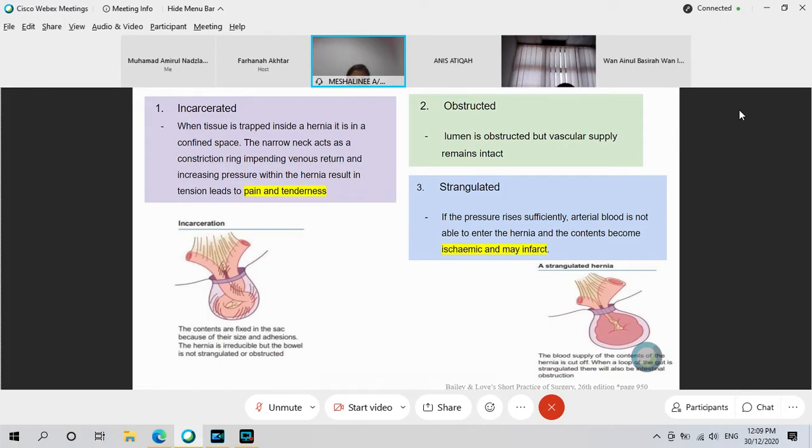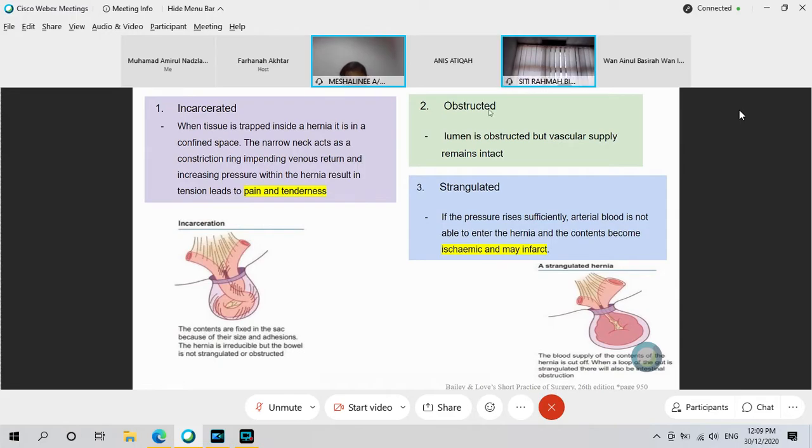Which is why in some patients there are intestinal obstruction signs and symptoms such as vomiting, colicky abdominal pain, and constipation. In this form of hernia, the lumen is the part that is obstructed, but the vascular supply remains intact.